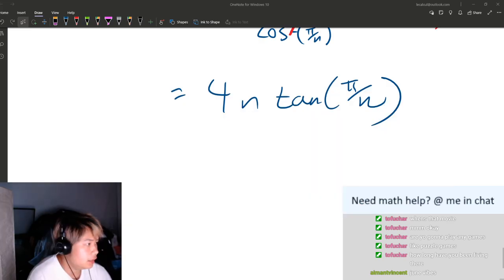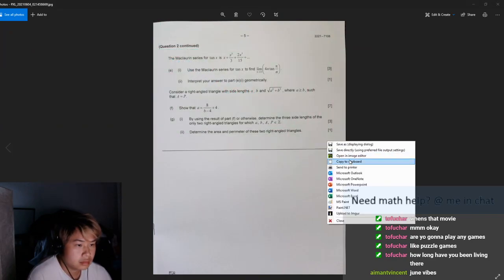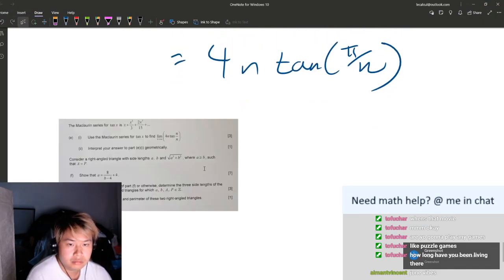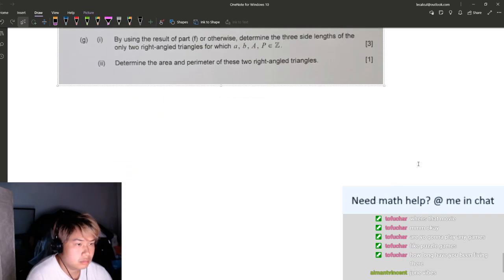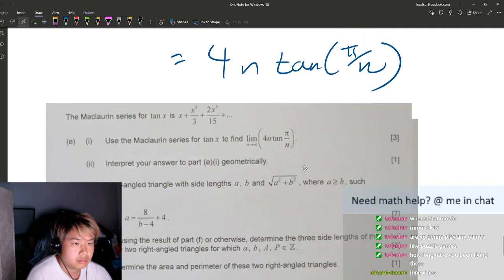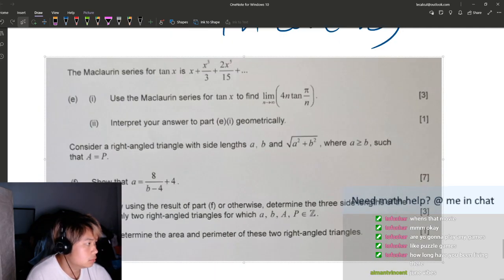Okay, and then the final page. So the Maclaurin series for tan of x is going to be this.